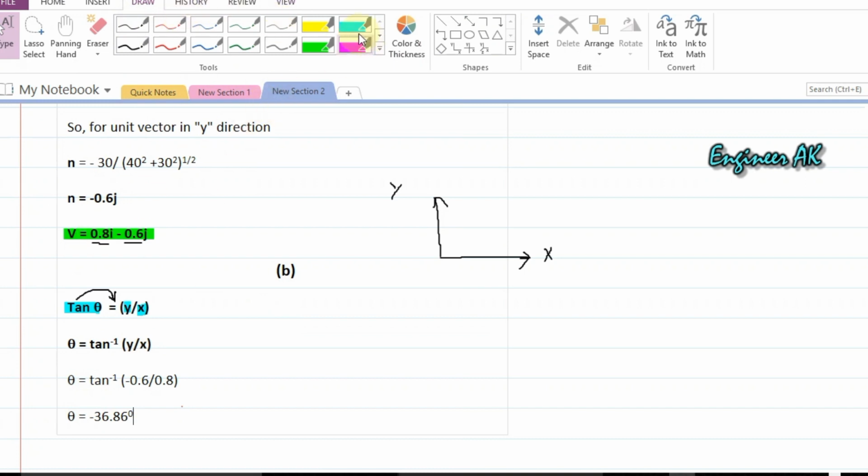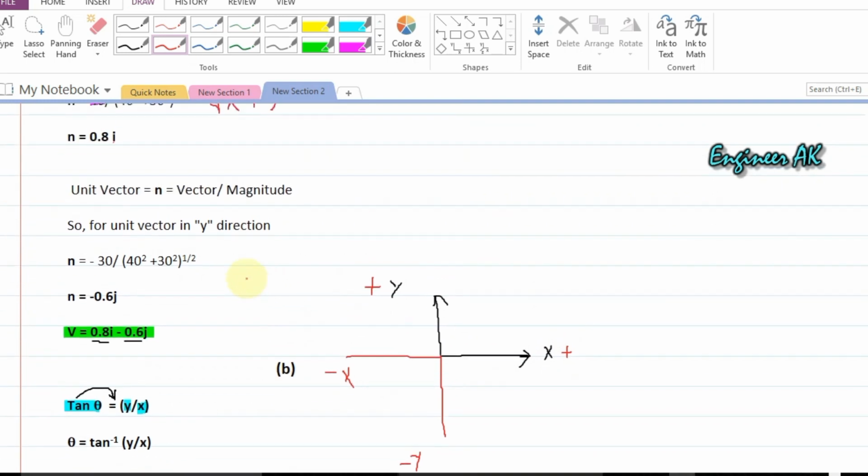That's the angle, but it is with the negative x-axis, not the positive x-axis. In this diagram, here is the positive y-axis, this is the negative y-axis, this is the negative x-axis, and this is my positive x-axis.